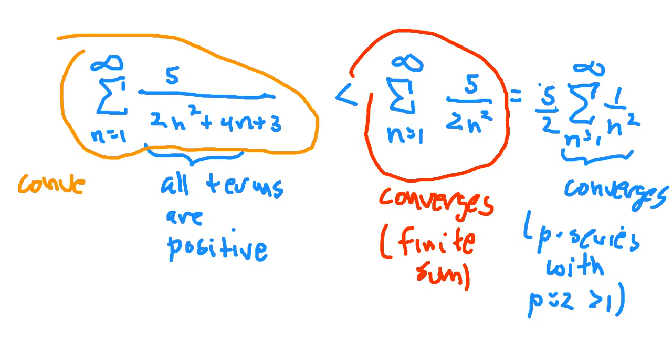I mean, if the bigger series converges to a finite sum, the smaller series has to converge as well, right? And that's called the comparison test. Okay, that's called the comparison test.